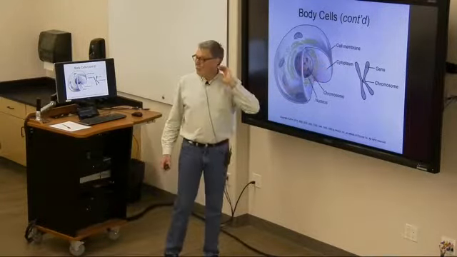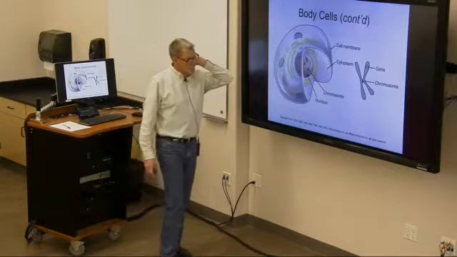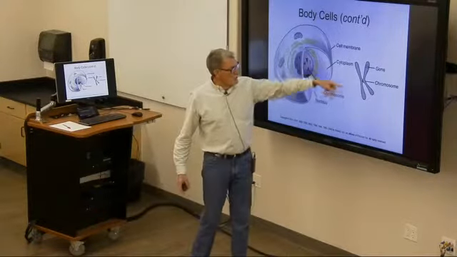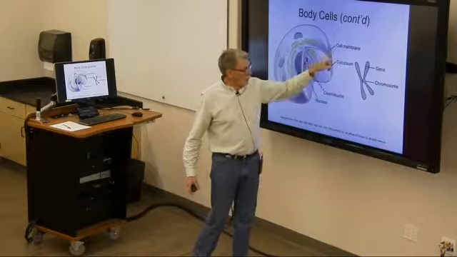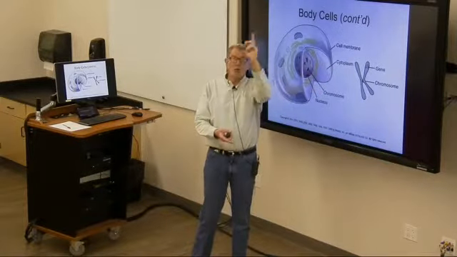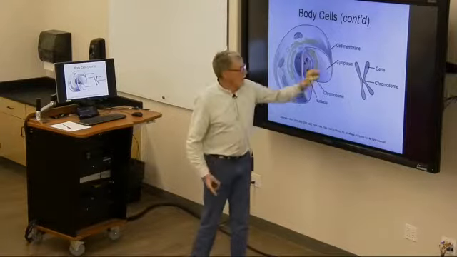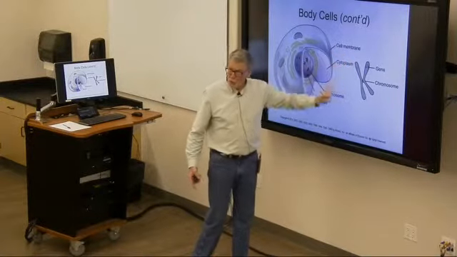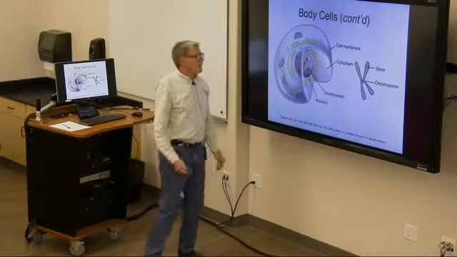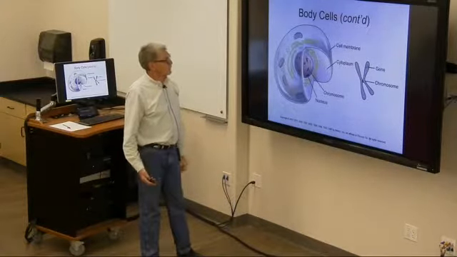Cytoplasm is actually the older term for it. Cytosol is used now. You have the genes, the chromosomes, which are the long, skinny structures, a very tightly coiled DNA strand, and within that you have the individual genes that determine characteristics.